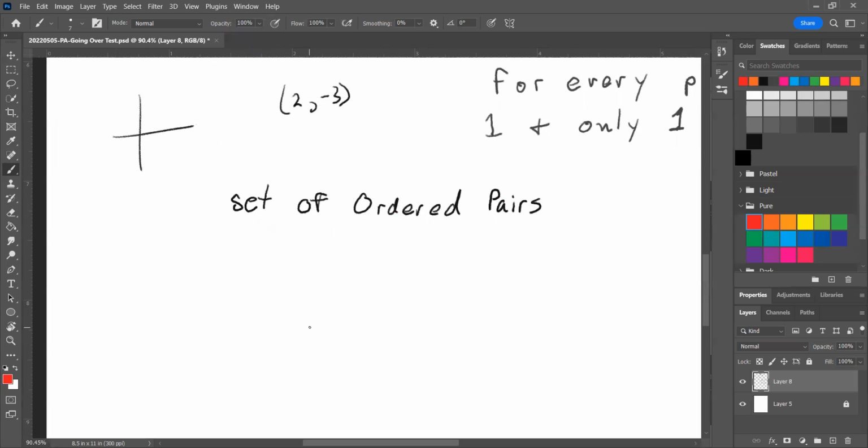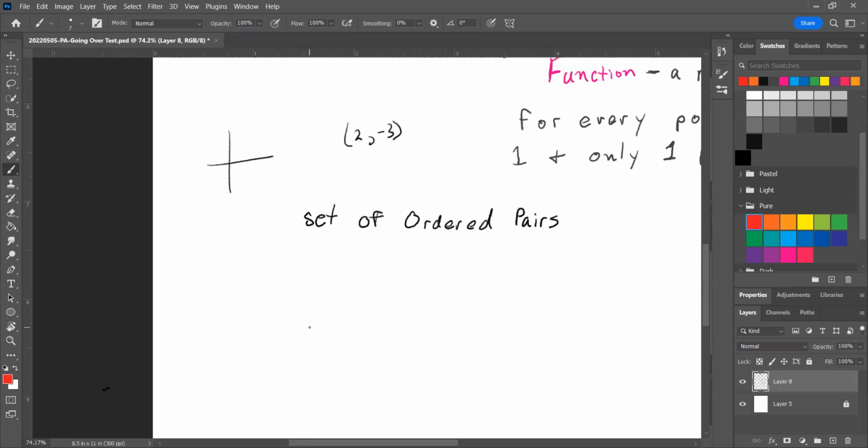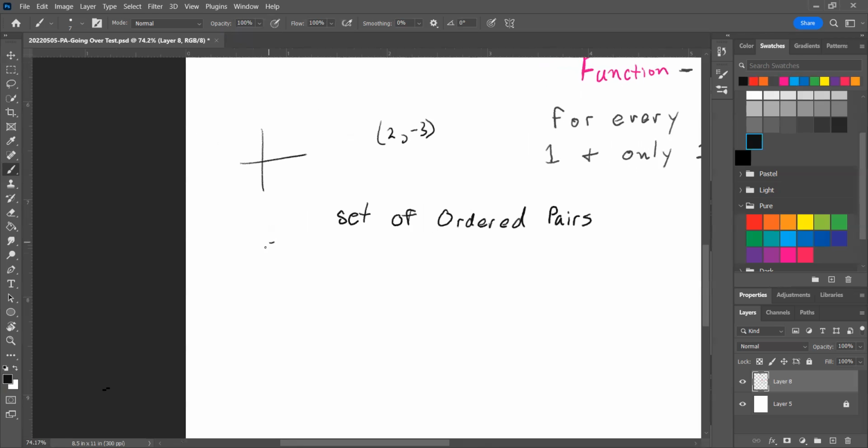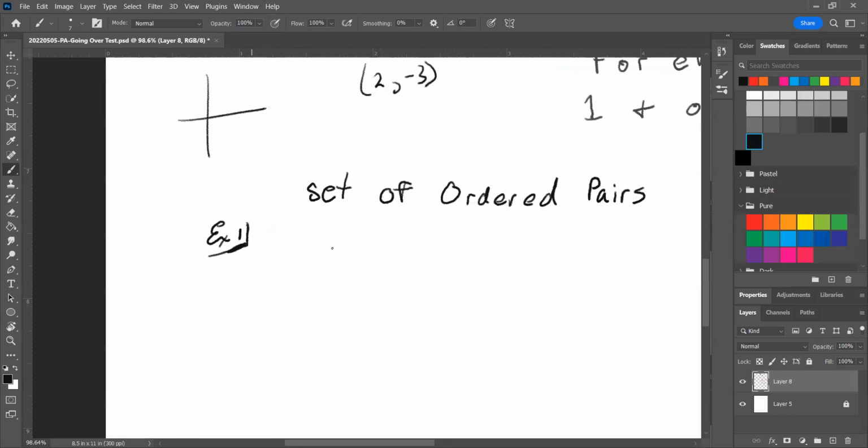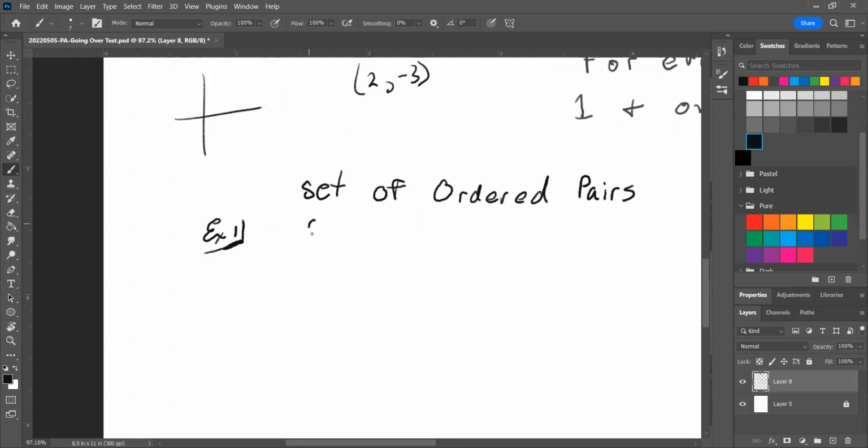So we wanted to list a relation. Let's do an example with a set of ordered pairs. So here's our set. When we list a set, we use curly braces to list it.